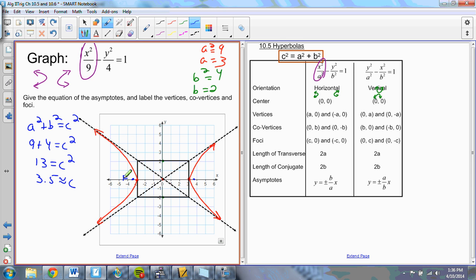That's a focus, and that's a focus, that's a vertex, and that's a vertex. Will the foci always be out of the... Yes, on every single thing we do, the focus is always inside the curve. Wherever the curve is, the focus is always inside it.